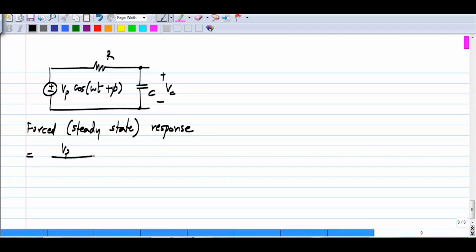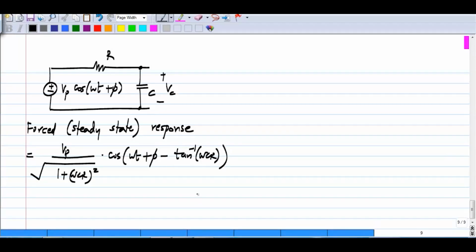It is Vp by square root of 1 plus (omega CR) squared, times cos(omega t plus phi minus tan inverse omega CR). You get a sinusoid at the same frequency but with the amplitude and phase modified.